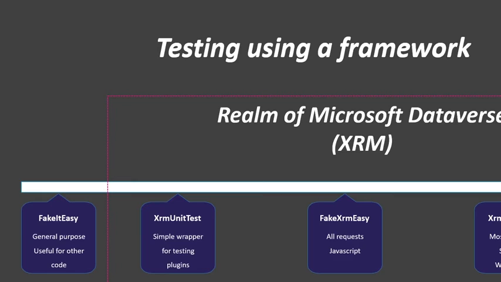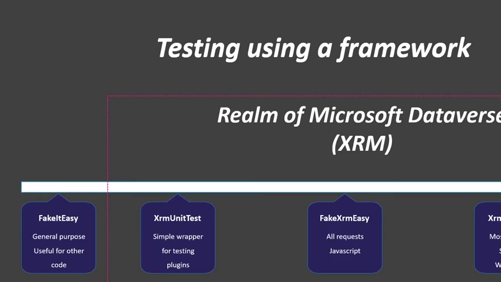So like this box represents, there are more advanced ways of doing test-driven development using a framework. The first one is XrmUnitTest. It is a very lightweight, simple wrapper. If you have a client that is really strict on what kind of test frameworks you have to use, then this one would be pretty lightweight, and might be something that you could squeeze in there because it has no real dependencies.